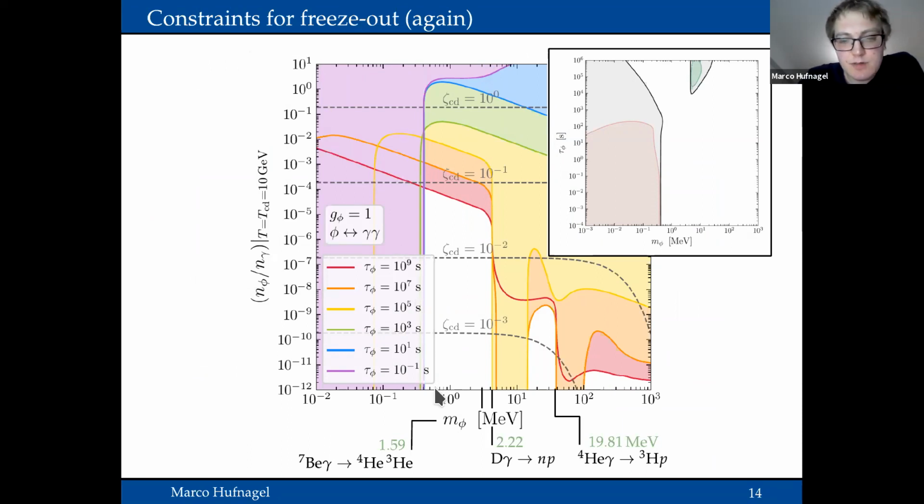Let me see. Here, you essentially only have photo disintegration constraints in this region of parameter space. Everything that's below this mass essentially comes from Hubble rate and entropy injection.